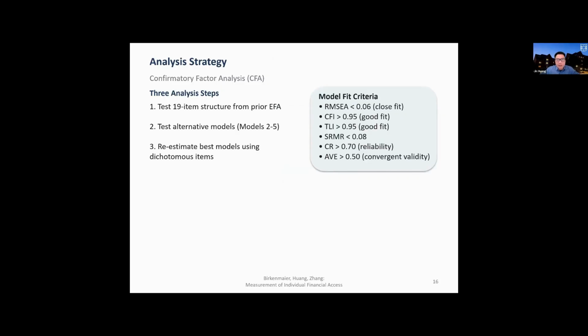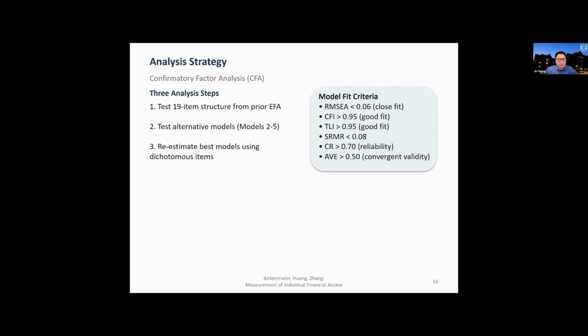In total, we have 19 items included in the second survey in this phase. These 5 additional basic products include checking accounts, savings accounts, mobile banking, credit cards, and transfer applications. That way, we have a comprehensive pool of 19 measurement items.